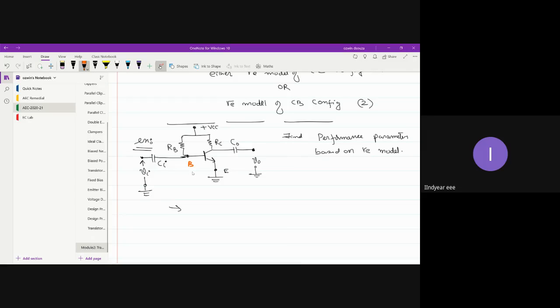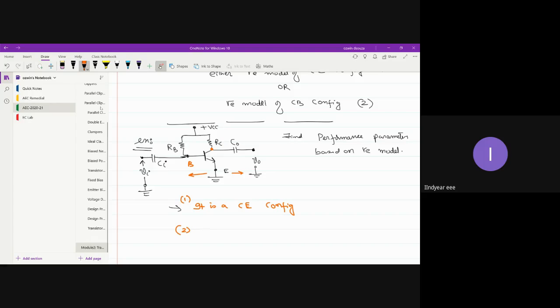Looking at the circuit, can anyone tell me in which configuration the transistor is driven? Look at the common terminal. The common terminal is the emitter. Emitter is common to the input circuit as well as the output circuit. So write down that it is a CE configuration. That's your first step.